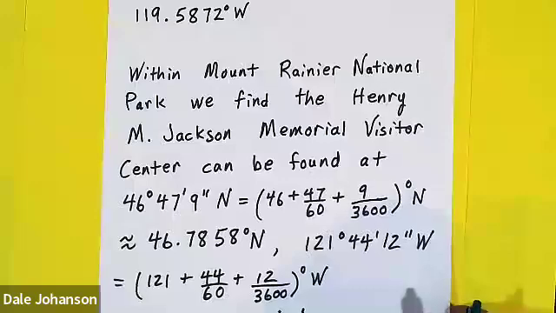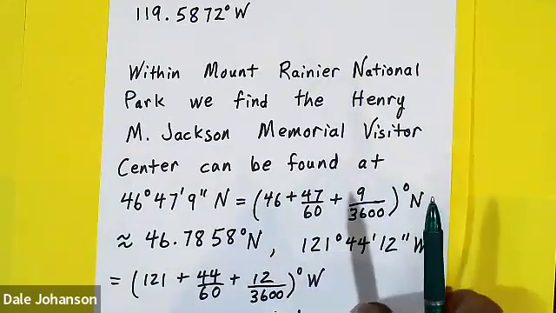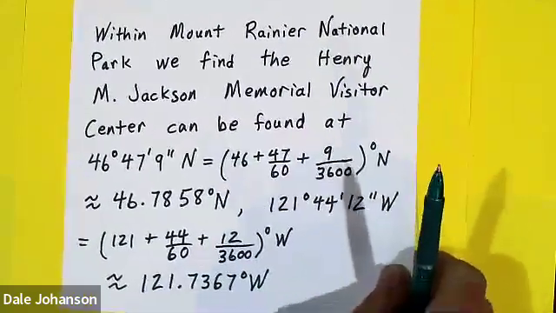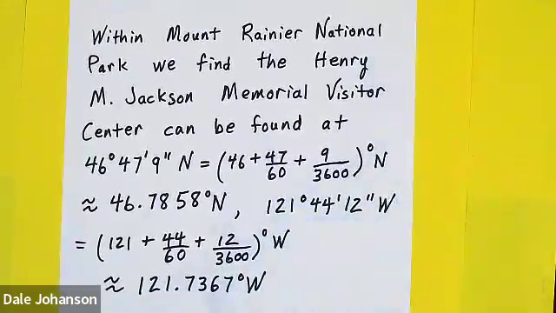Within Mount Rainier, we find the Henry M. Jackson Memorial Visitor Center, and that is located at these coordinates, which you can see. And I go ahead and convert those each to degree decimal form.